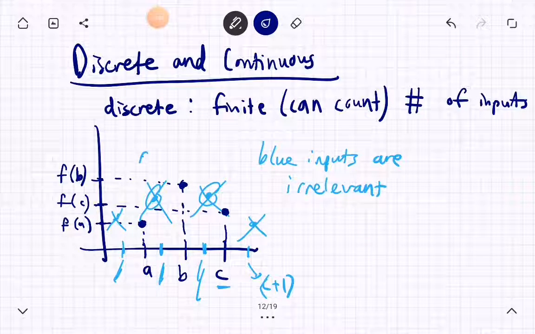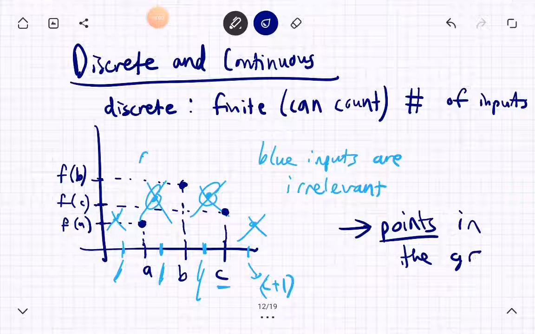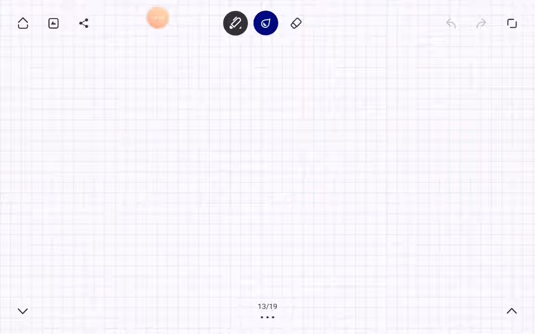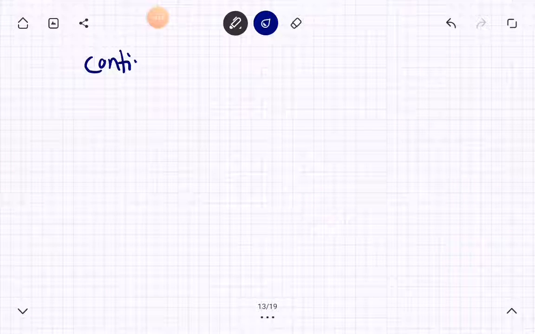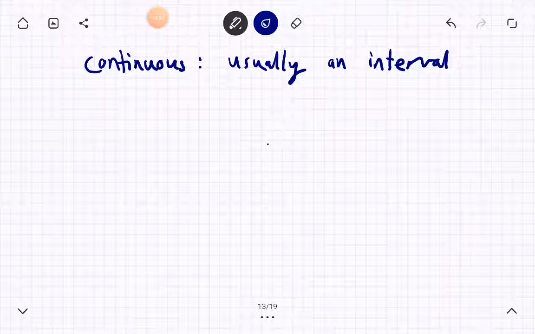Okay, cool. So the point is, for discrete functions, you will see points in the graph. Here we have 3 points. For continuous functions, it's usually the case that we have a range, an interval of inputs.